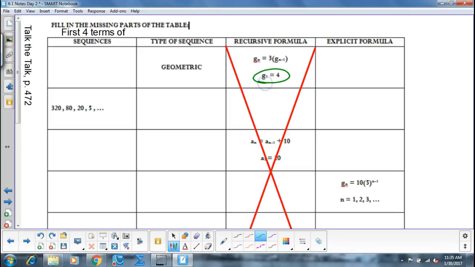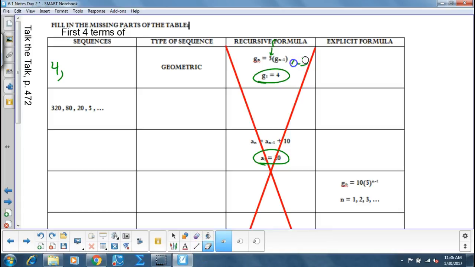So it's going to give you the first term in both of those two. So the first term is going to be 4. So if I've got to write the first 4 terms, then the other part that I've got to know in a recursive geometric formula is that number in front is r. So this tells me here that g sub 1 is 4 and that r is 3.